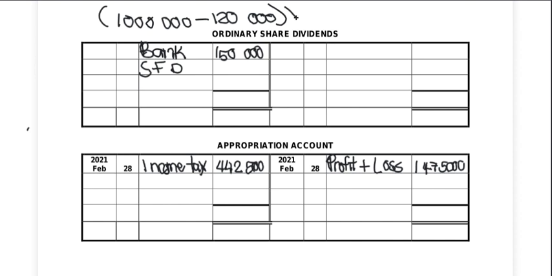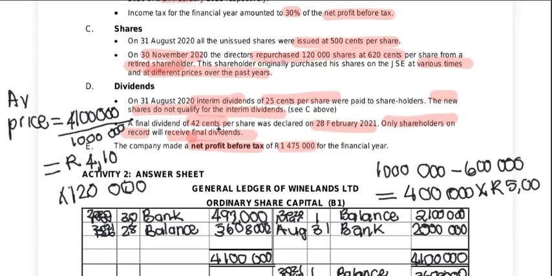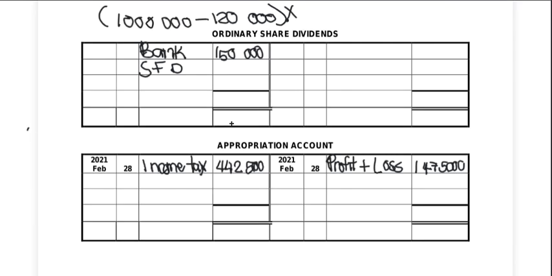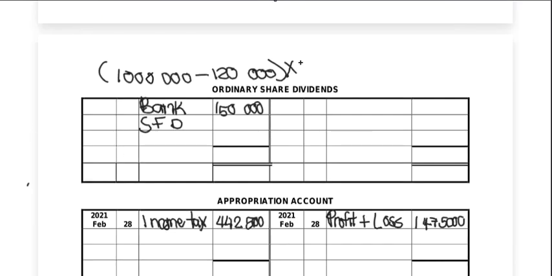Then you multiply this by 42 cents, which is the same as 0.42 rands. So a million minus 120,000 shares gives you 880,000 shares.